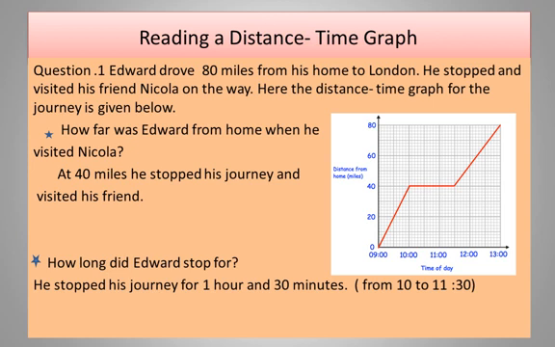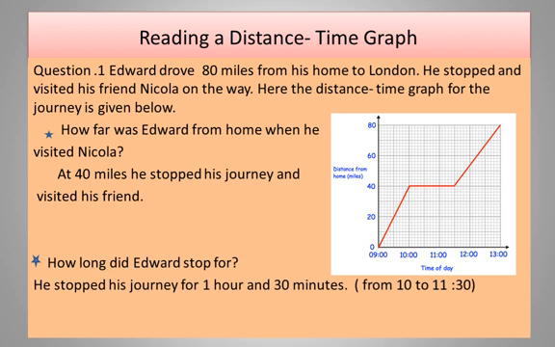That means, as we already told, there will be a horizontal line if the object is not moving or the object is at rest. Here you can see a horizontal line. At 40 miles he stopped, and at 11:30 he started his journey again.